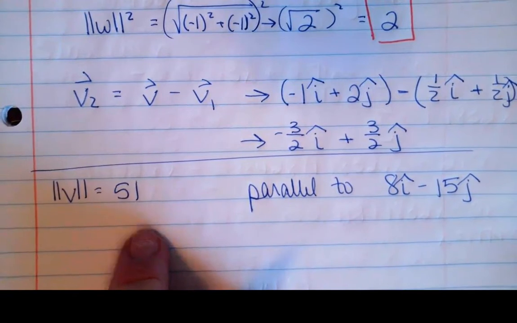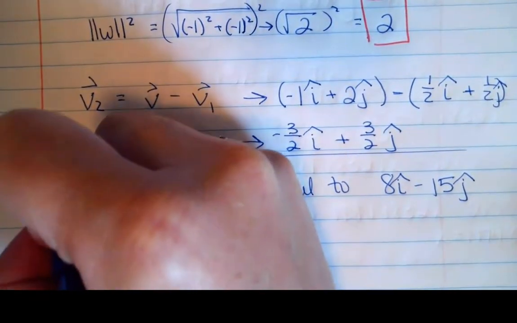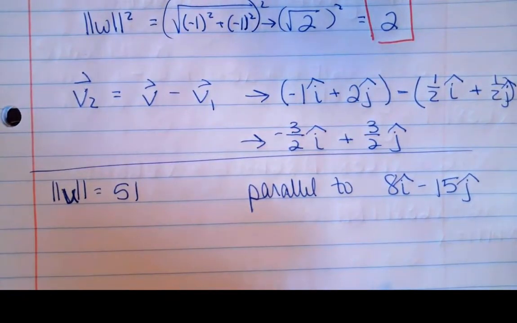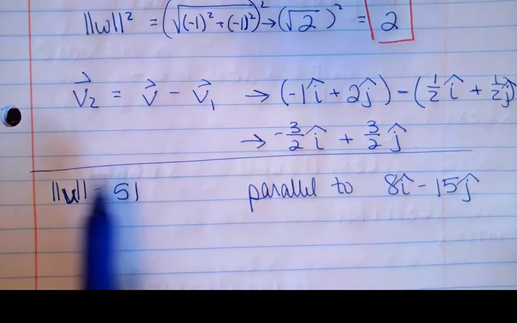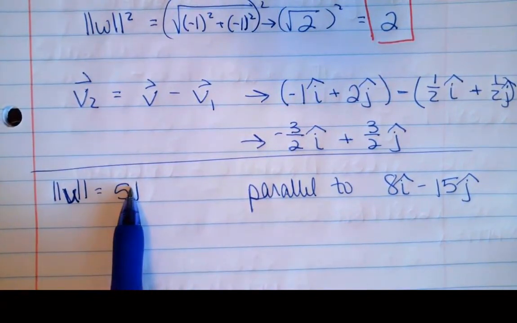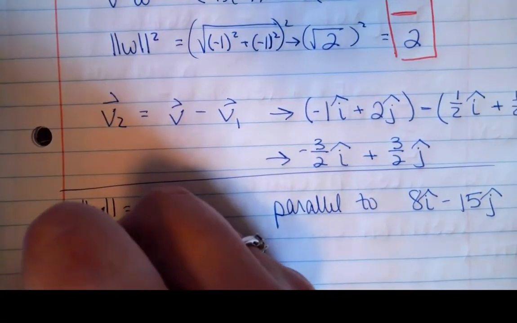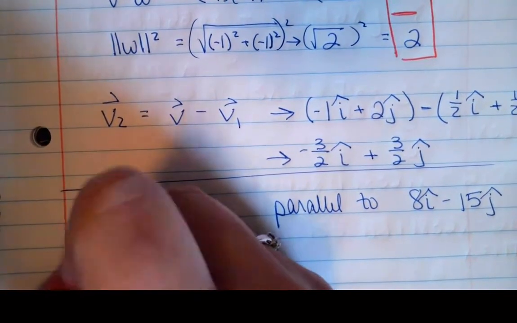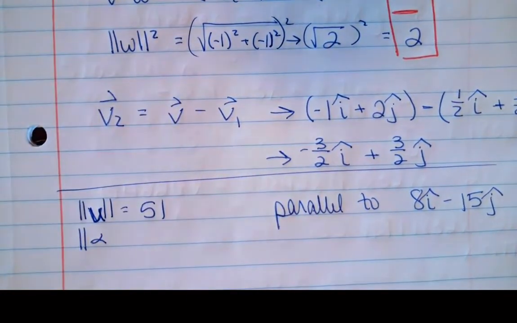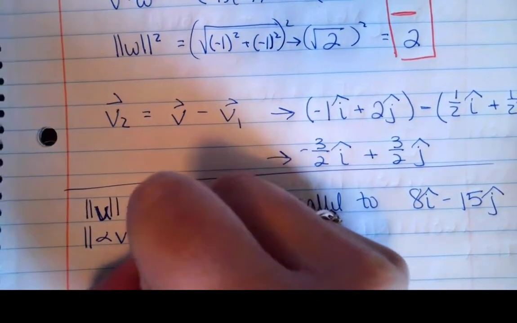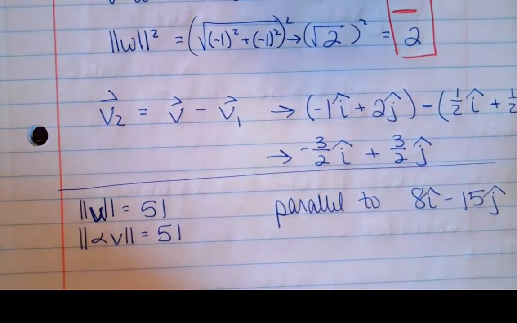So knowing that, actually let's change this to a u because we're used to starting with v's. Okay, so we'll make this v. All right, so what I have then is I've got some value. I know that this magnitude is 51. I know that if it's going to be parallel, they're going to be scalar multiples of one another. So I've got some number, we'll call it alpha, times v that will give us 51.